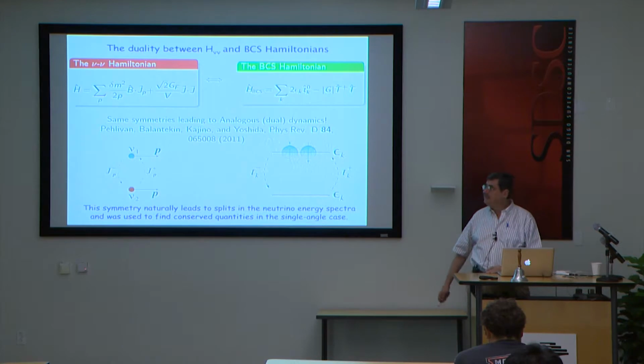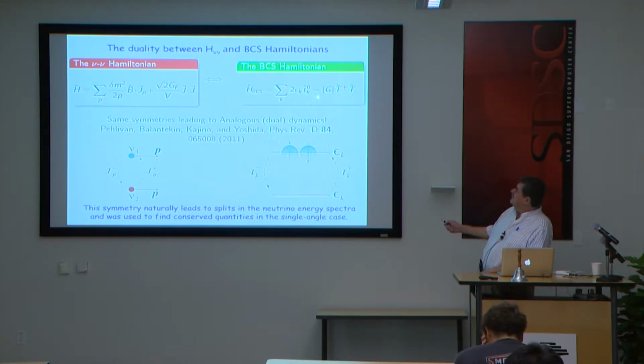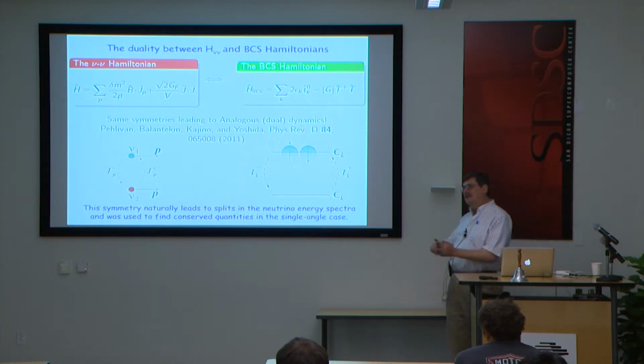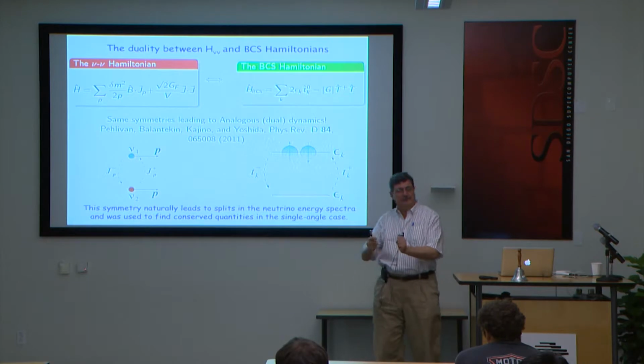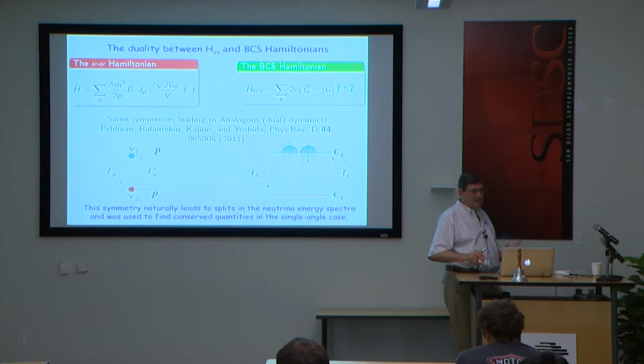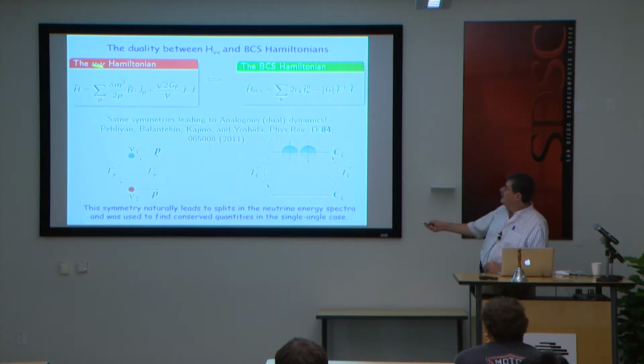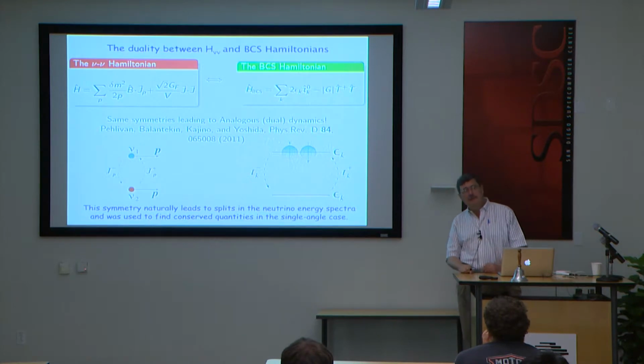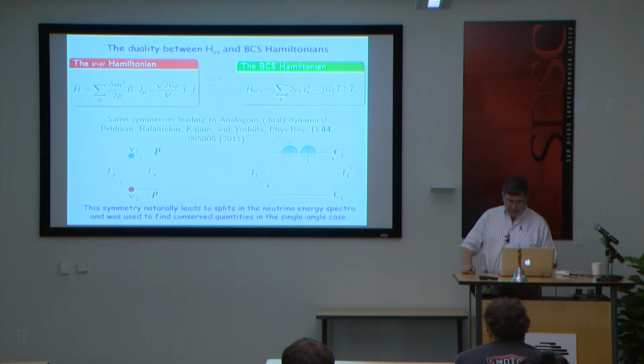Mathematically, they are similar. In the case of the BCS Hamiltonian, you are dealing with pairing of fermions. Pairing is an attractive force, so there's a minus sign here. Here I wrote everything only for neutrinos with the plus sign. Of course, antineutrino-neutrino interactions have the opposite sign, so it's much more complicated. This is a stationary problem. This is a continuum problem. But nevertheless, there is a formal analogy between those two.